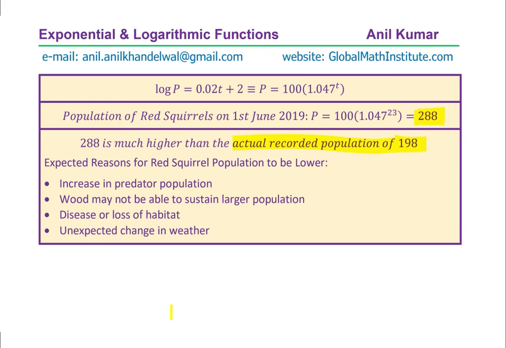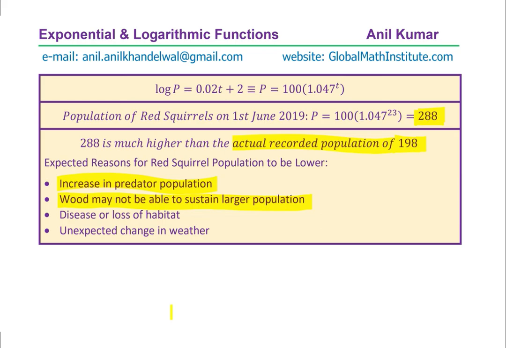Now, the reasons could be maybe increased population of the predators, which kind of controlled the population, or it could depend on the sustainability of the woods themselves. After all, it is confined in resources, and therefore the population will have a limiting factor. So, woods may be or may not be able to sustain that larger population of the red squirrels.